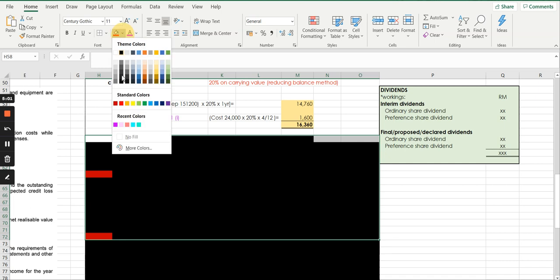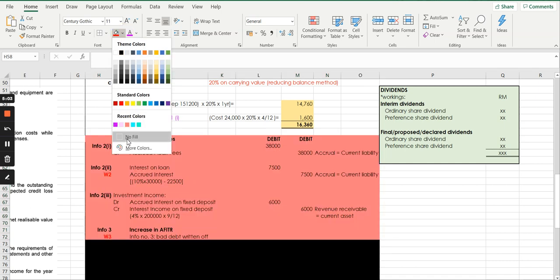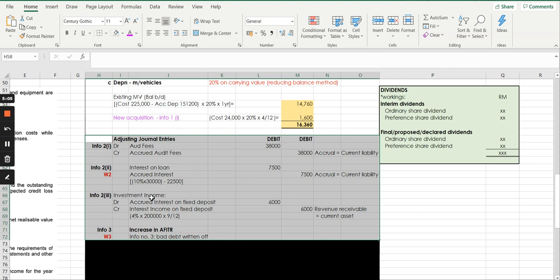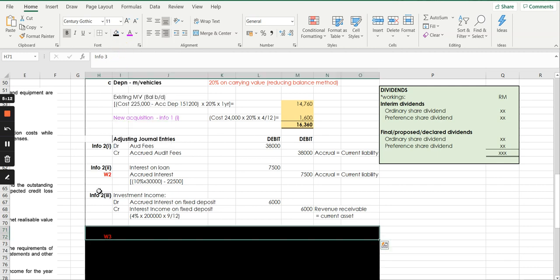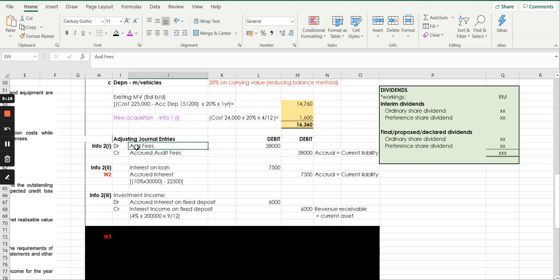Let's just look at it. Information number 2, for the audit fees that you need to provide, you debit audit fees, and this will go to your admin expenses.